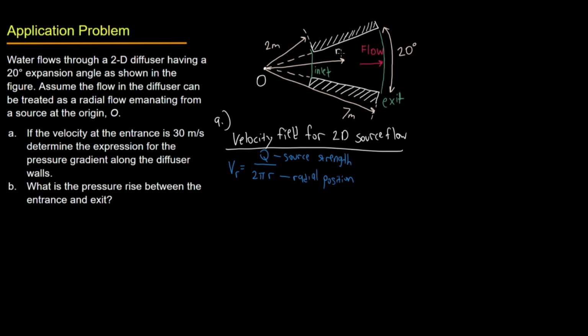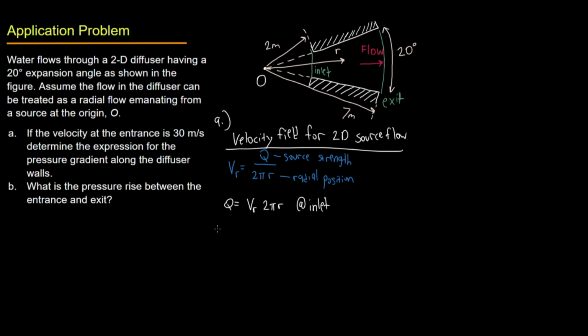The first thing we want to do is define the strength of the source. Since we have the inlet velocity given, we will reorganize this equation to be Q equal to V_r times 2 pi r at the inlet.